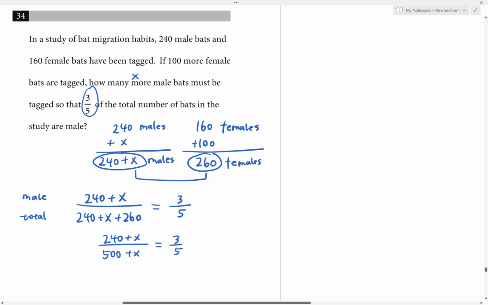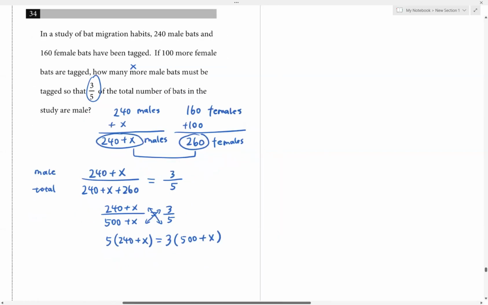Since we have a fraction on each side of the equation, we can cross multiply. That will help us get rid of the fractions. So we do 5 times 240 plus x, which equals the product of the other cross, 3 times 500 plus x.